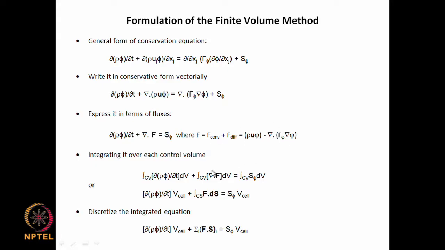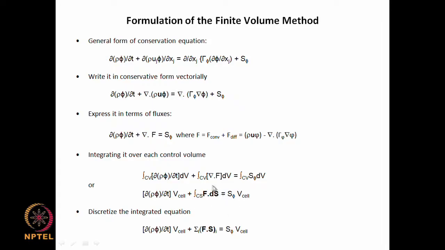We integrate this over each control volume to get an equation like this, where we are assuming that phi has a constant value within that cell. So we can write this as dou by dou t of rho phi times the volume of the cell, and then the integral of all these fluxes over all the faces of the control volume, equal to the source term in the cell times the volume of the cell.